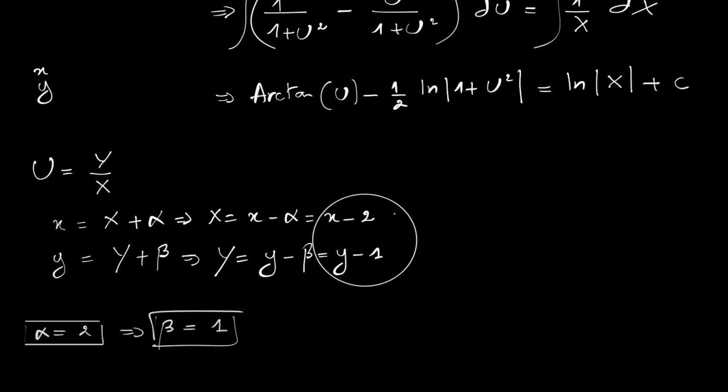Then we replace this here. Then we must write instead of u: (y minus 1) over (x minus 2).